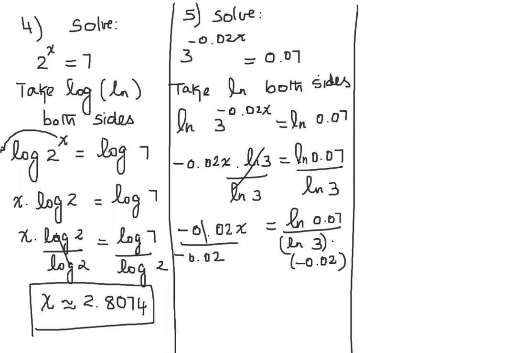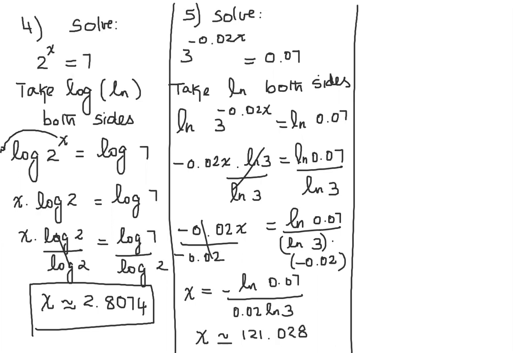So these two get cancelled, and x is going to be negative ln of 0.07 over ln 3. I move the negative to the numerator and round it to 4 decimal places. Then get the answer using the calculator.